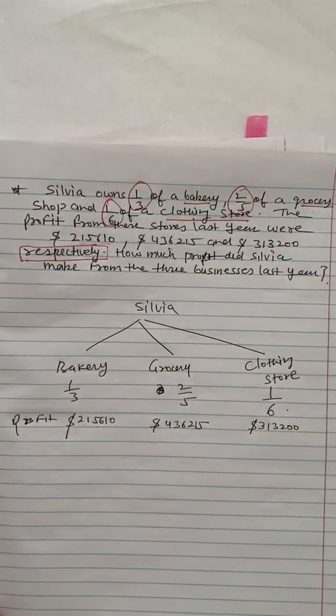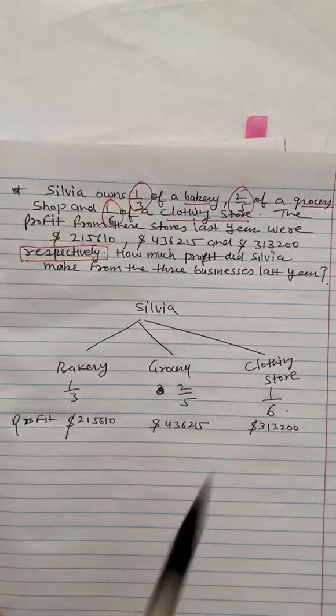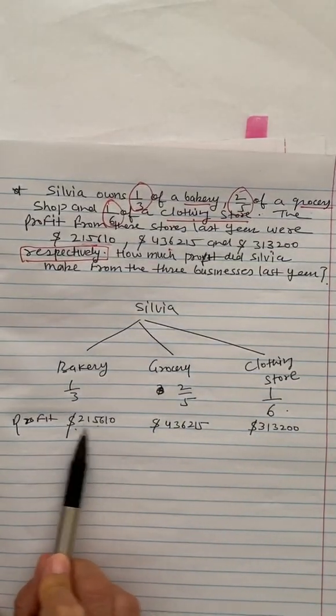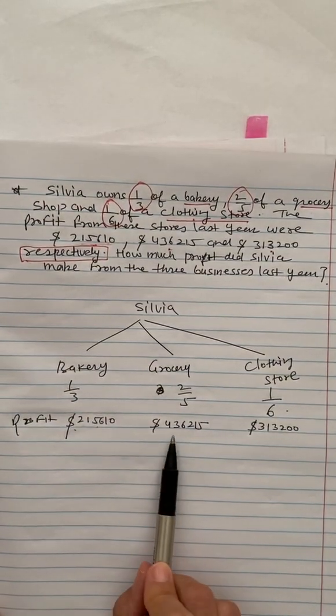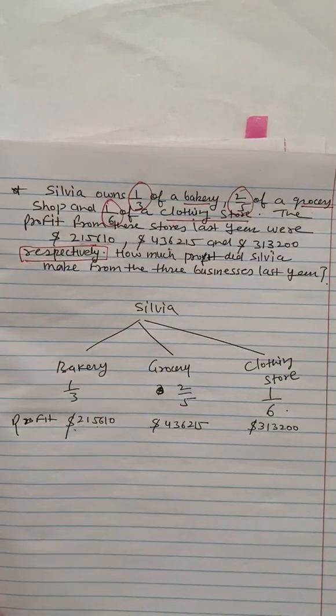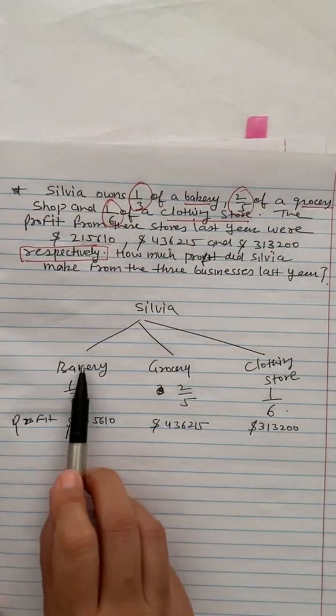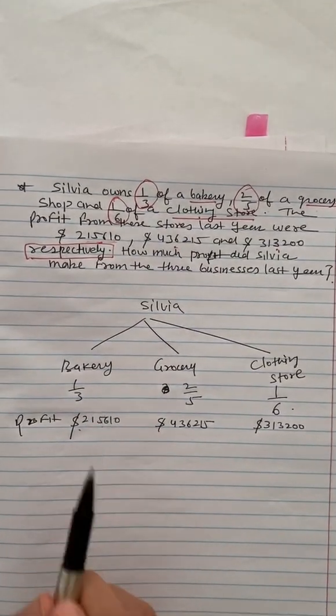Now we need to find how much profit Sylvia made. Because this is the overall profit from the bakery shop last year, this is the overall from the grocery shop, and this is the overall from the clothing store. We need to find out how much is the profit for Sylvia.